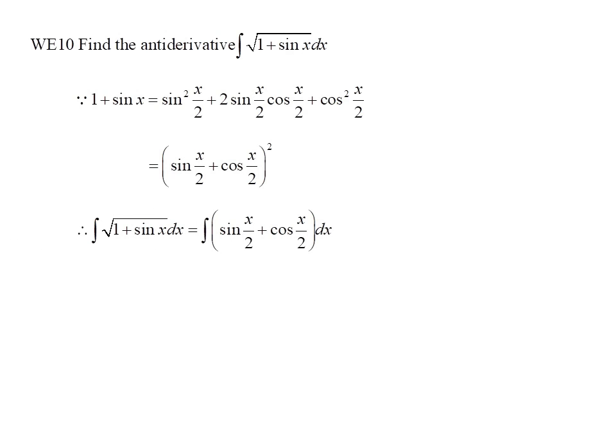Hence, the antiderivative equals the integral of (sine x over 2 plus cos x over 2) dx, which equals negative 2 cos x over 2 plus 2 sine x over 2 plus c.